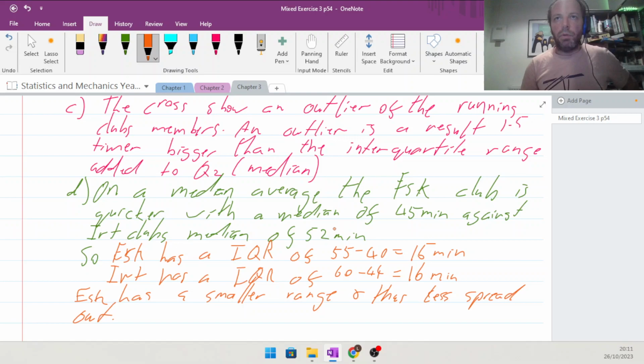But more importantly, they've got the lower median, which means overall they are a quicker club.